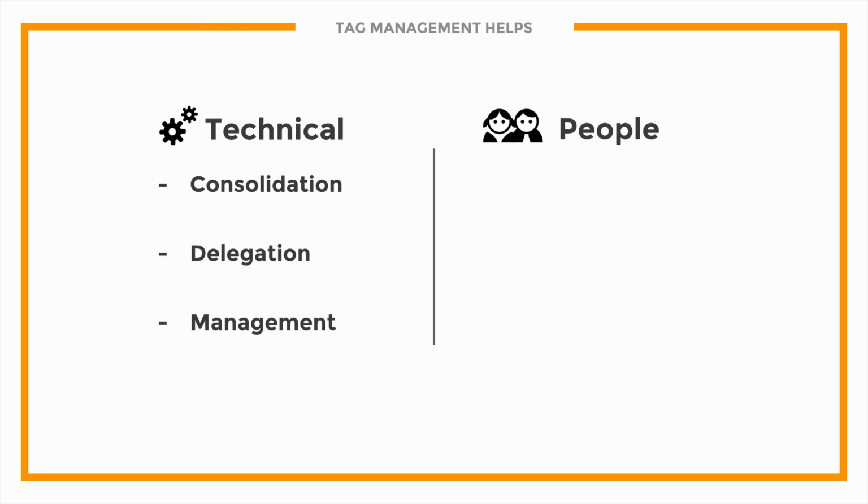But a tag management system helps with much more, because on the people side, we will see more efficient communication. We get everybody on the same page by using one terminology that asks the right questions for the right people. So we are all on the same page and can work together more efficiently.